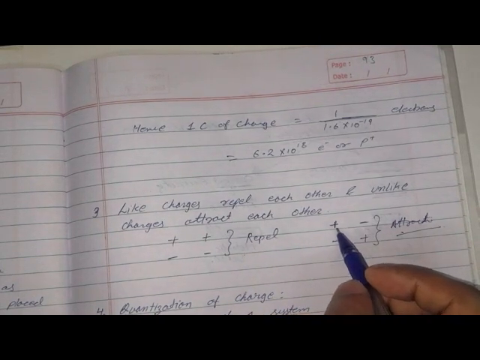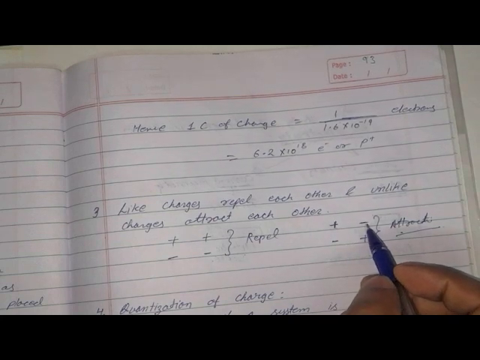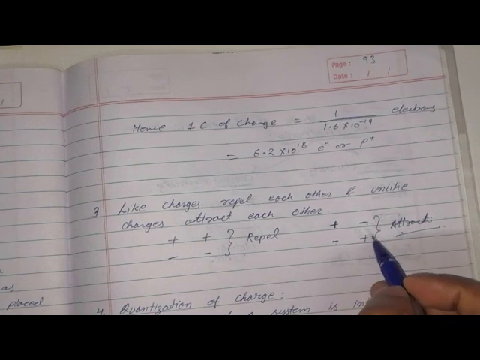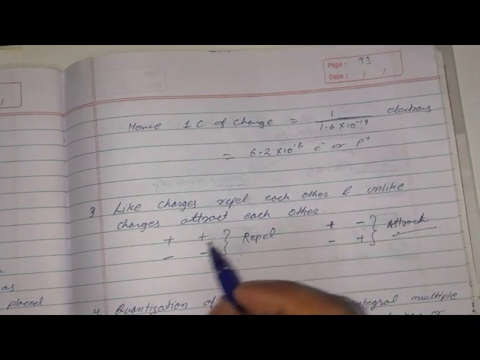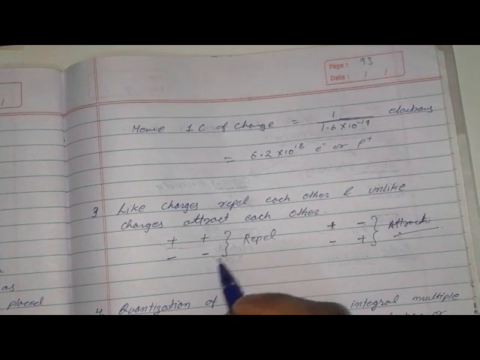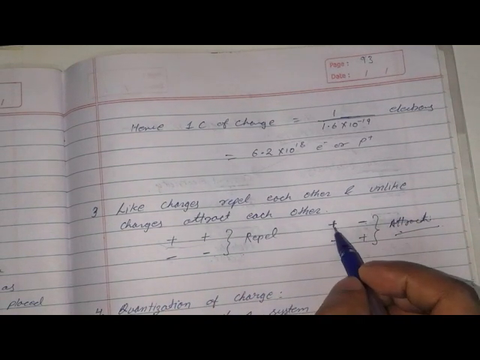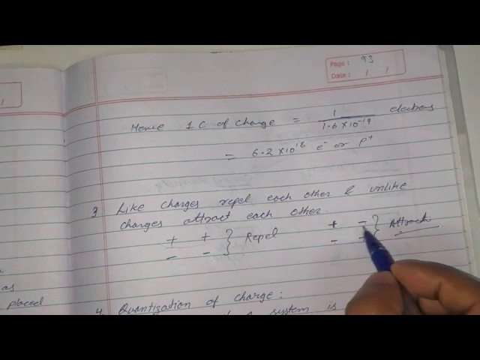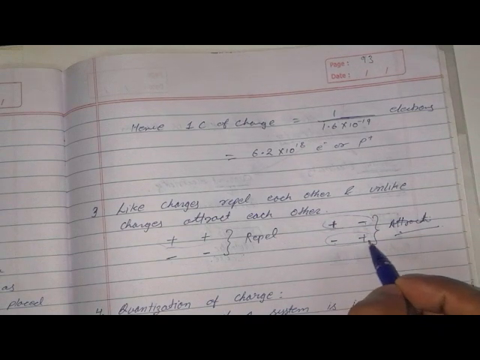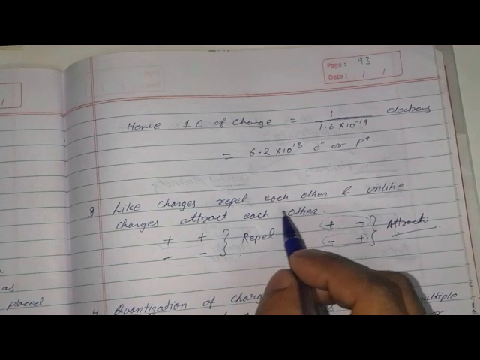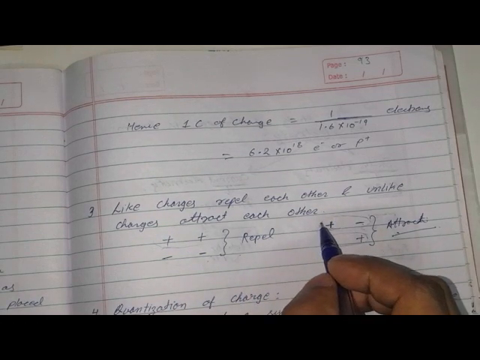But when you place opposite charges, one positive and one negative, these pairs will attract each other. This pair will attract each other and this pair will also attract each other. Hence we can say that like charges repel each other and unlike charges attract each other.